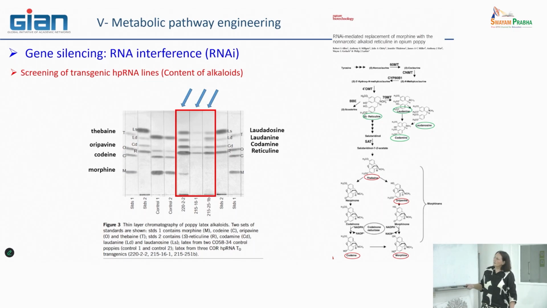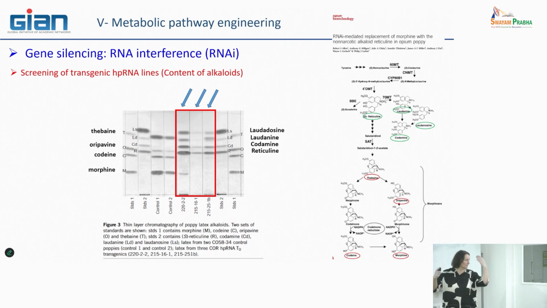In this scale, you can see that the 2 first lines correspond to the standards, okay? You can see here all the marks for all of these molecules. They have made both, to have no effect on this chromatography study.